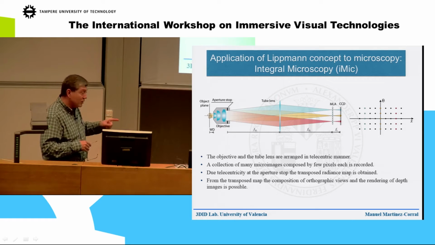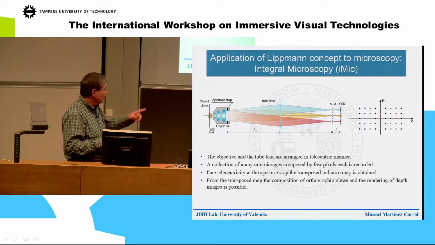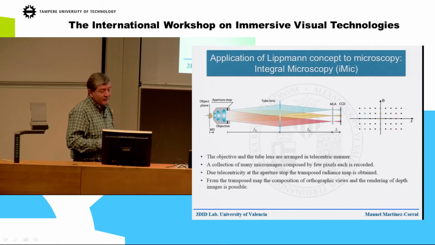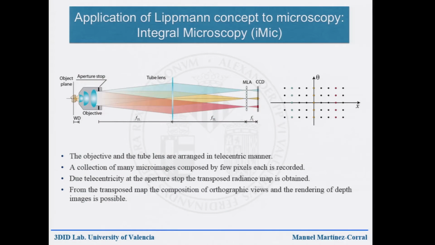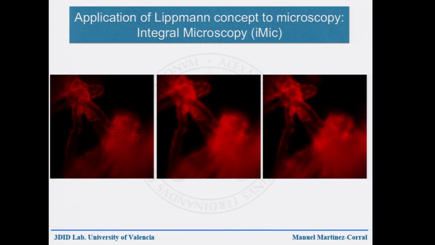Then from these orthographic views, it is easy to render the depth images, or calculate depth maps. So it's working. Okay. This is an experiment we did similar to the experiment performed by Levoy some years ago.